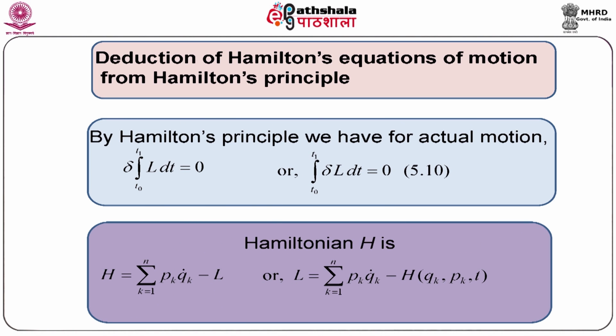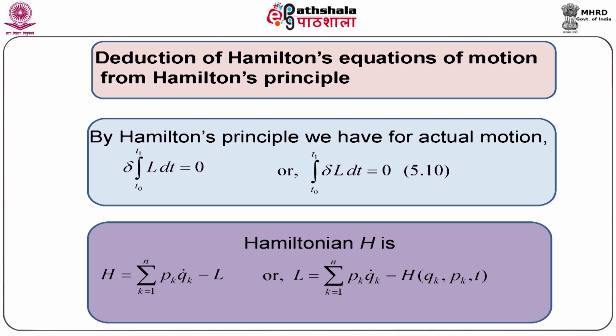By Hamilton's principle, we have for actual motion delta integration t0 to t1 of L dt equal to 0, or integration t0 to t1 of delta L dt equal to 0. We have considered the delta variation under the integral sign.